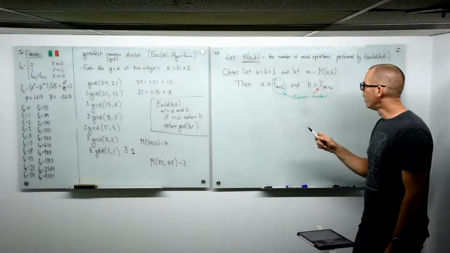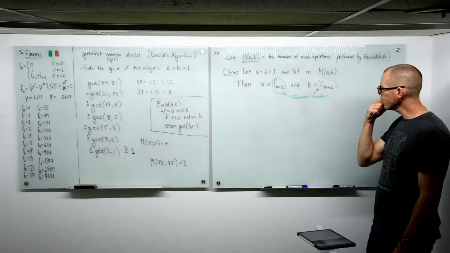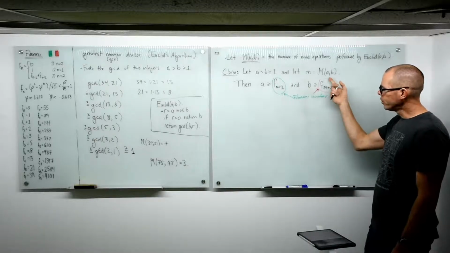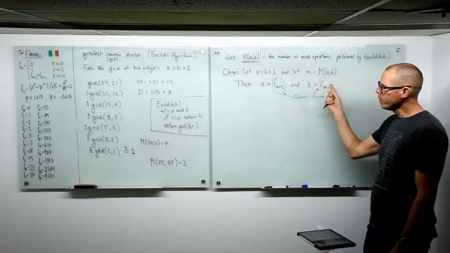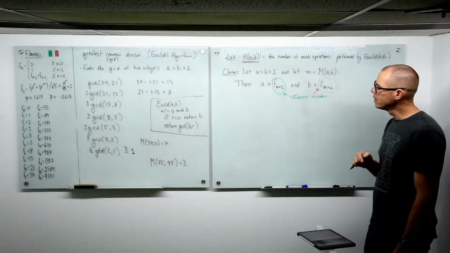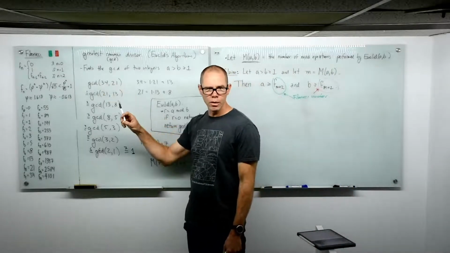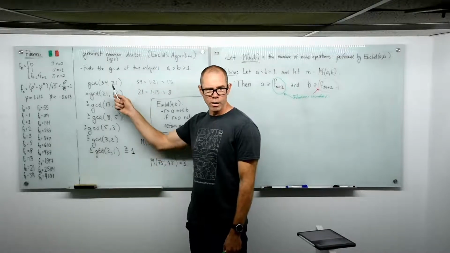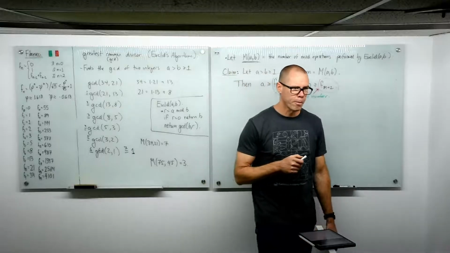And yet somehow these Fibonacci numbers show up. We're going to be able to prove this. And actually, it turns out this is tight. So you can't prove anything stronger than this, because when you take 2 consecutive Fibonacci numbers and use them as input, you actually get exactly that many mod operations happening.